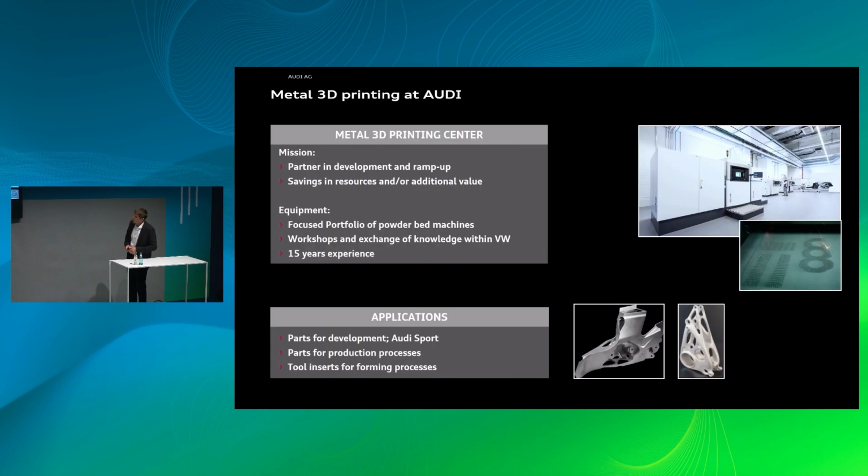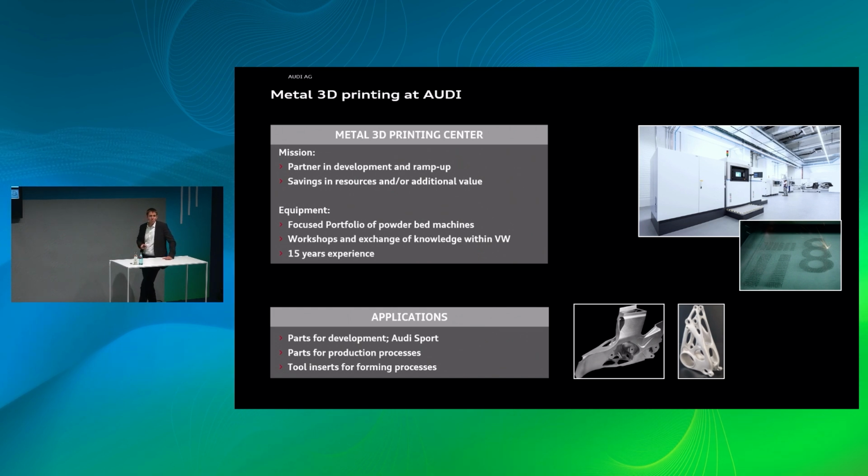First, a short introduction. That's the only advertisement slide I will give you here. You know Audi as a car manufacturer and the Volkswagen Group, so you can find more information on the internet and in advertisement clips. Of course, we as a metal 3D printing center are focused with 4 machines in 3 materials.